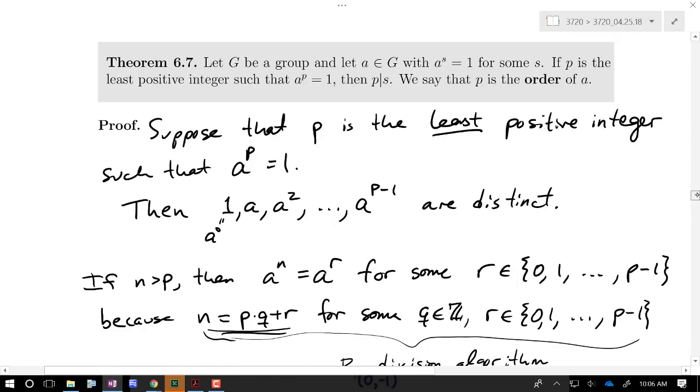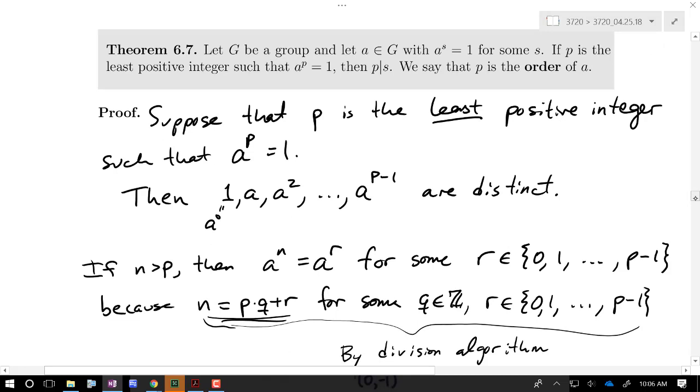And in theorem 6.7, which was the last thing that we proved, we expanded on that and said, okay, if we have some power a to the s equal to 1, if p is the least positive integer such that a to the p is equal to 1, then p must divide s. And this smallest power, this least positive integer, where I could raise a to that power and get the identity, we call that the order of a.